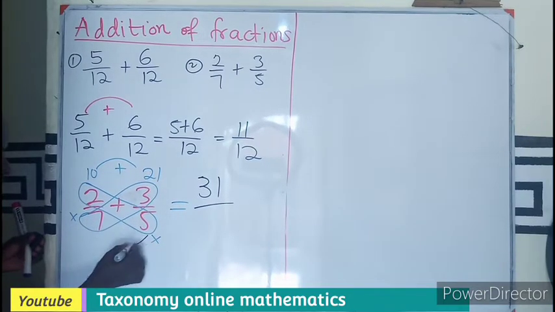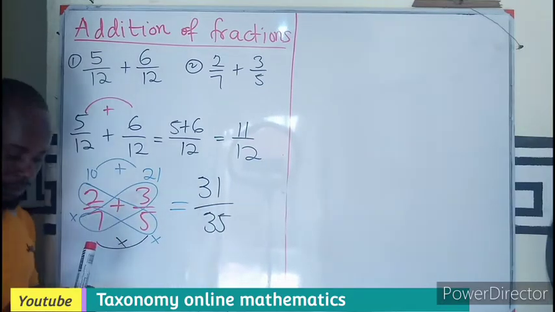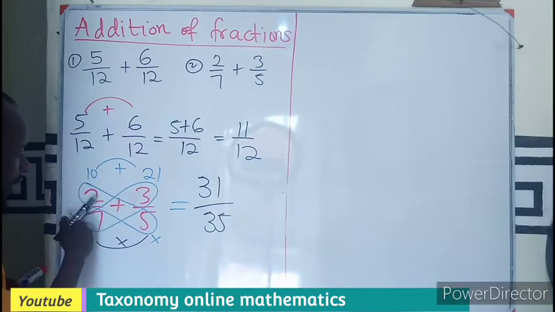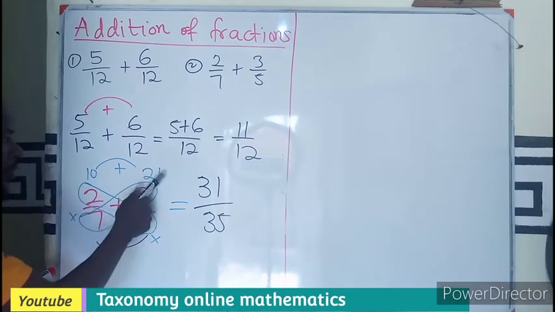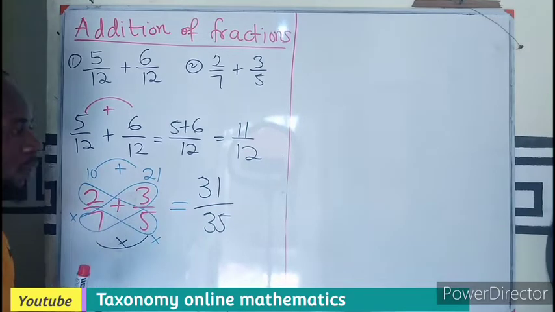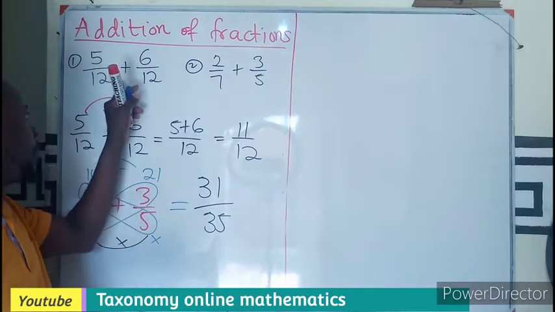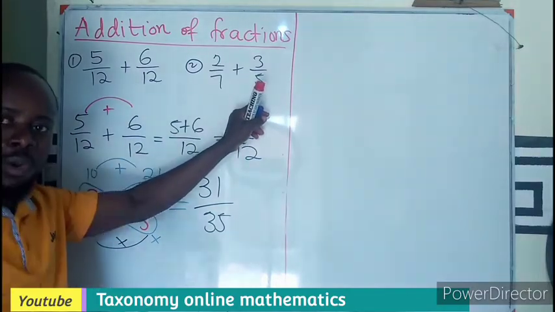Your denominators will be multiplied to give you 35. Diagonally, you multiply. The other diagonal, you multiply. Add your result. Multiply your denominators. Simple as that.